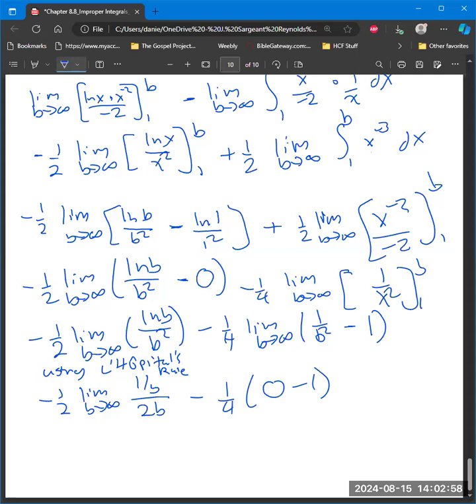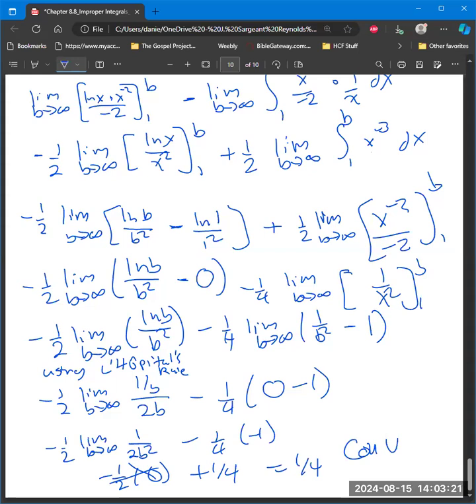This is going to be -1/2 limit as b goes to infinity, 1 over 2b squared minus 1/4 of -1. So this is going to be -1/2 times 0 plus 1/4 equals 1/4, and that converges. That's our last example here.